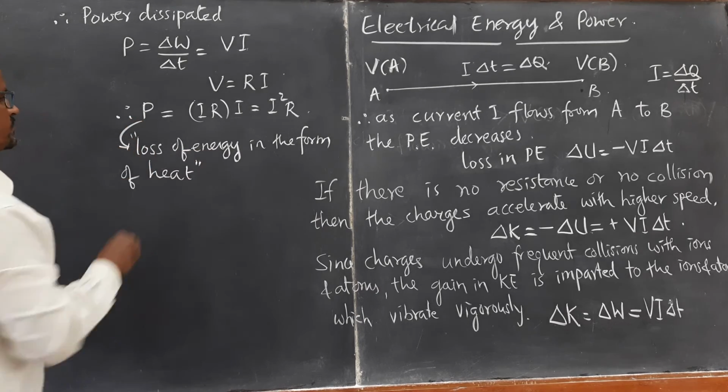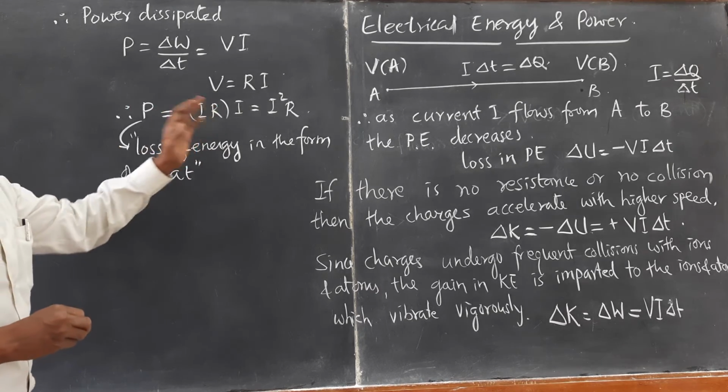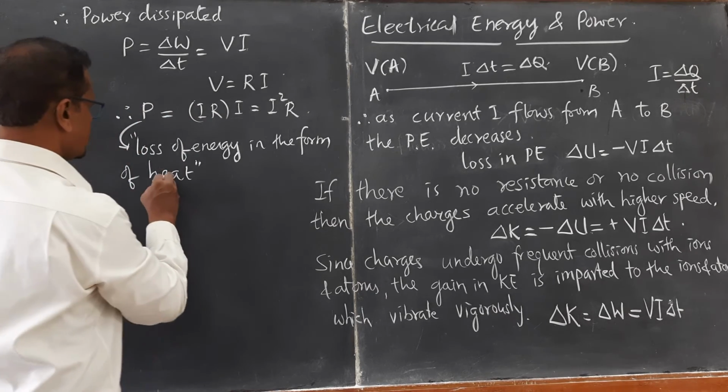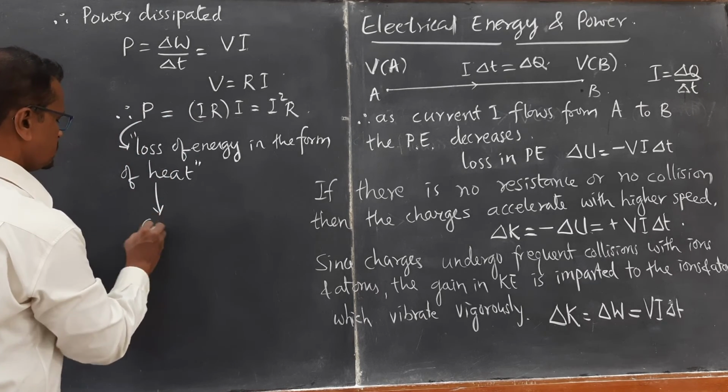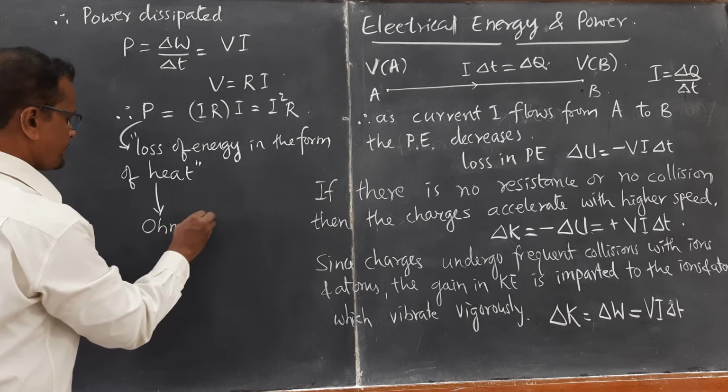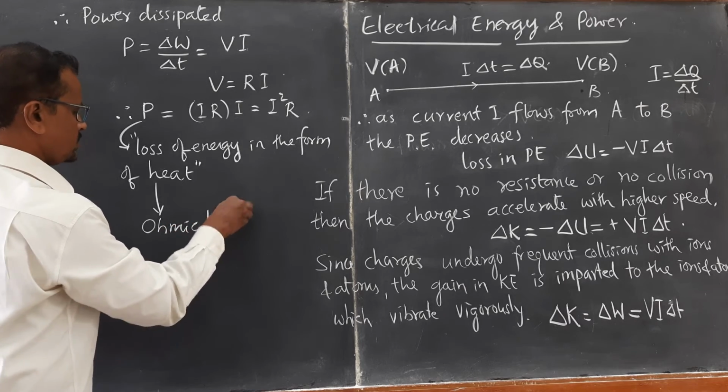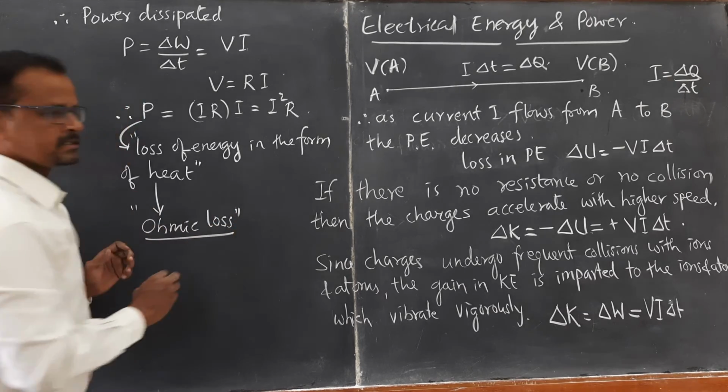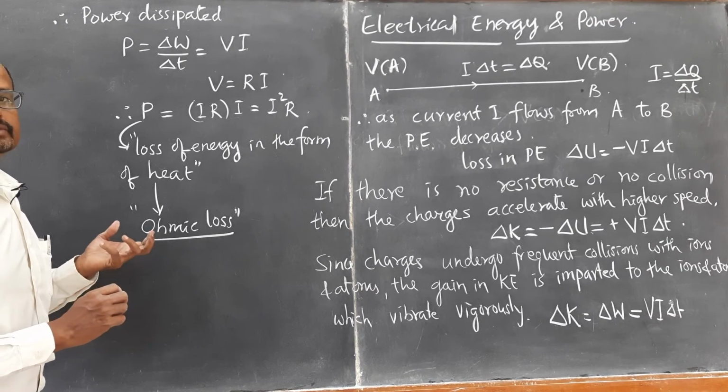So, this loss of electrical energy in the form of heat is called ohmic loss, or this ohmic loss is also called loss due to Joule's heating effect.